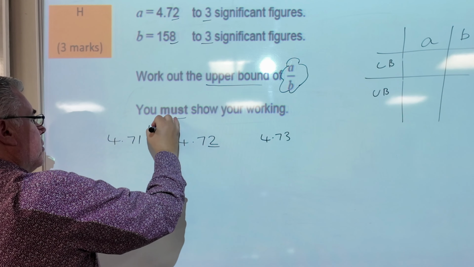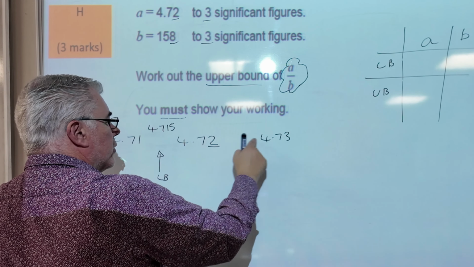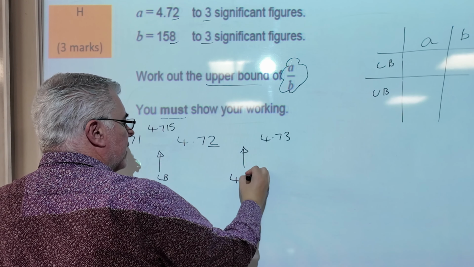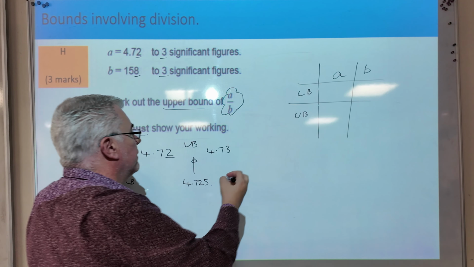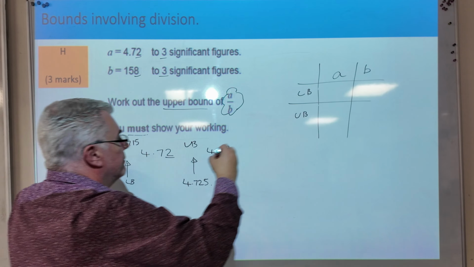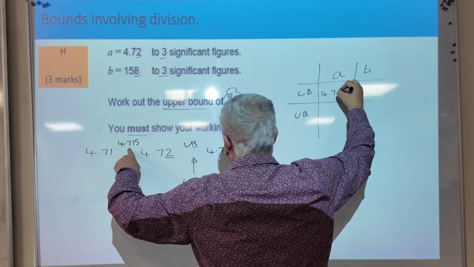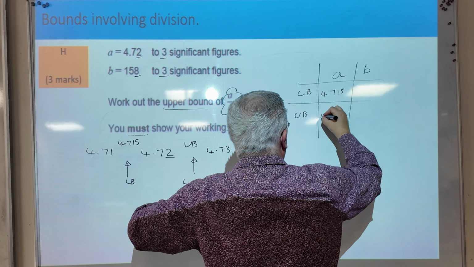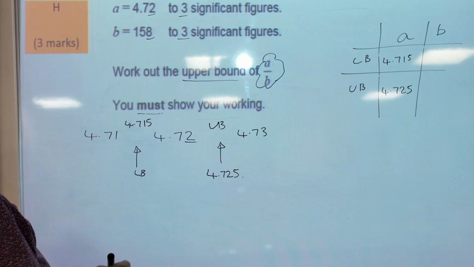So that's 4.715. My upper bound is halfway between those two, 4.725. My lower bound is 4.715, this is A. My upper bound is 4.725.